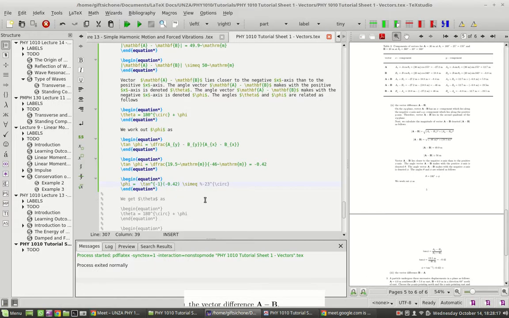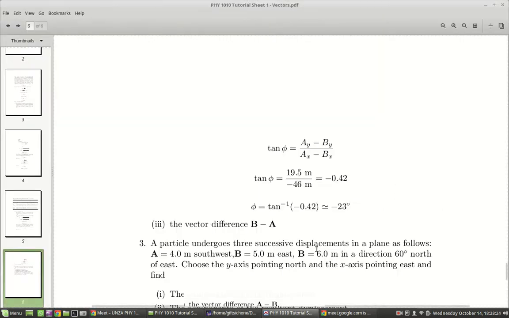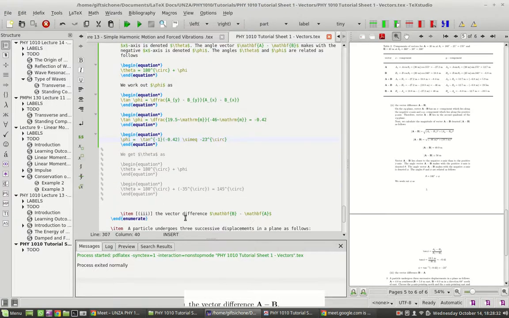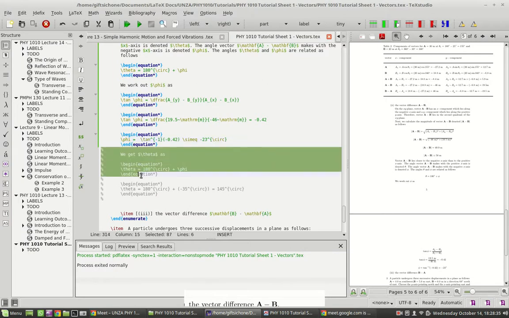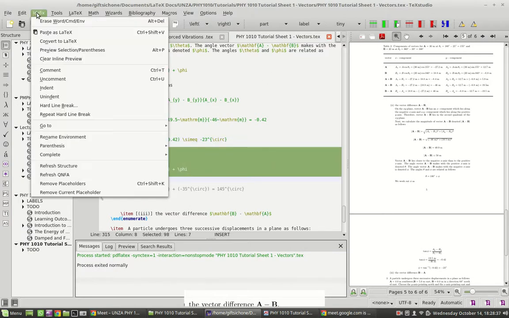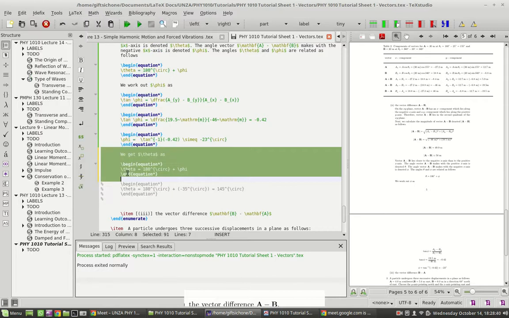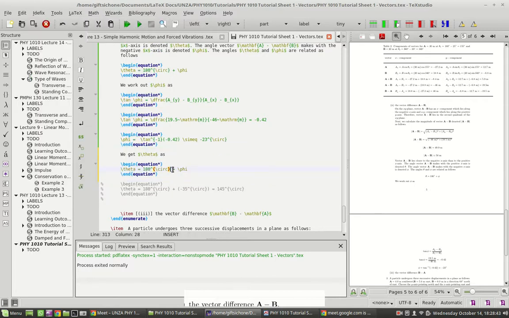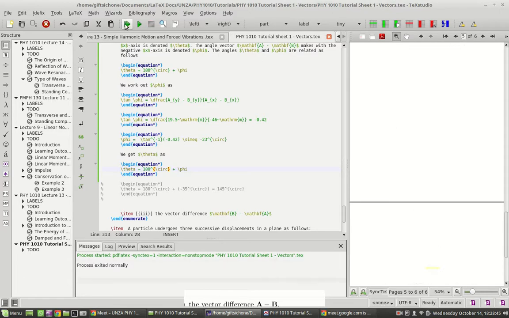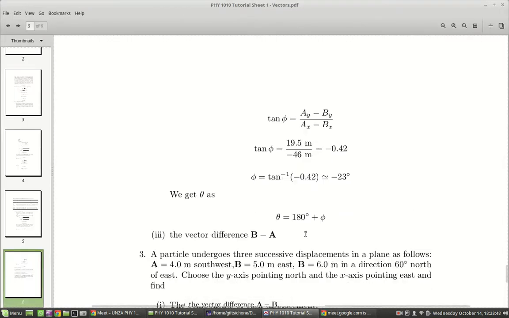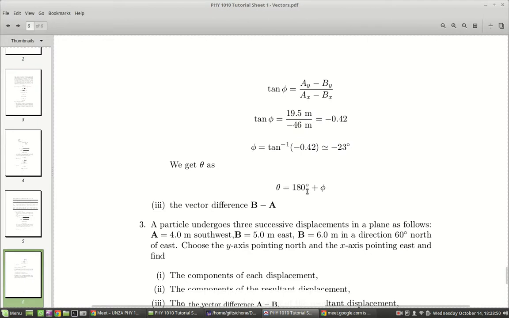There. So we get phi to be approximately negative 23 degrees. Then next we proceed to work out theta. So this negative angle which we have as our phi, we're going to add it to 180. Like this. Theta is going to be 180 plus phi, but phi is negative.